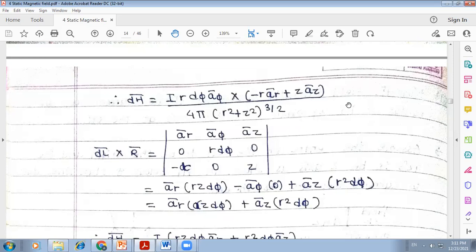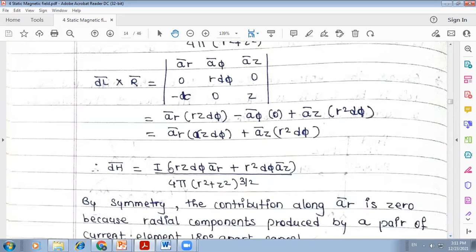Positive, because we are going in the sequence. Remember only R, phi and Z. After phi there is a Z, which means the answer should be positive, and the third component is A bar R. So the term will be I R Z d phi into unit vector A bar R, with I taken common here.